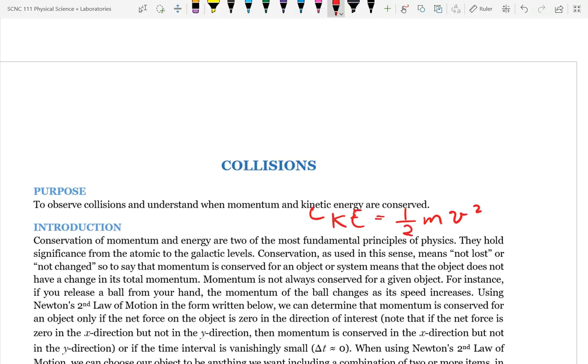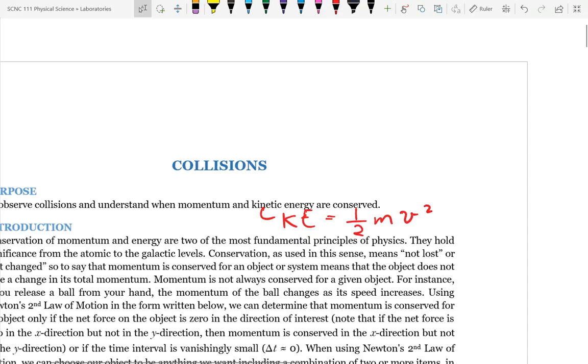So notice momentum is mass times velocity. It's a vector, it has direction. Kinetic energy is mass times speed squared. You cannot define a direction for speed squared, and so there's no direction with kinetic energy. It's just what we call a scalar, only has the magnitude. It's not the same as momentum because it has the square.